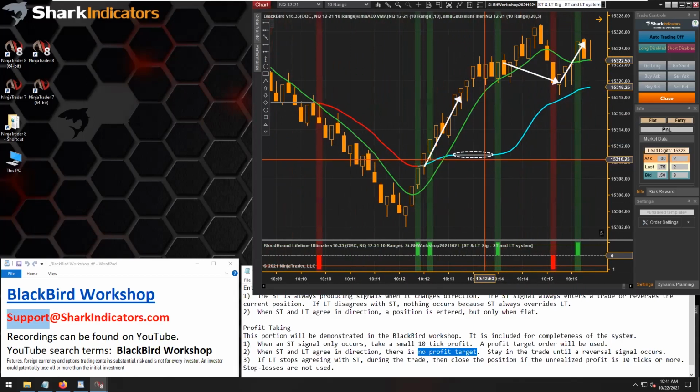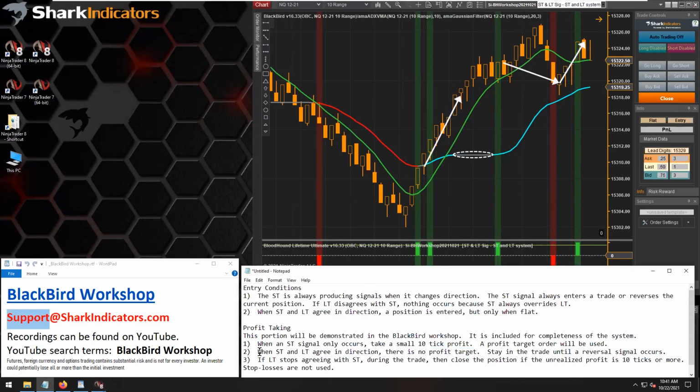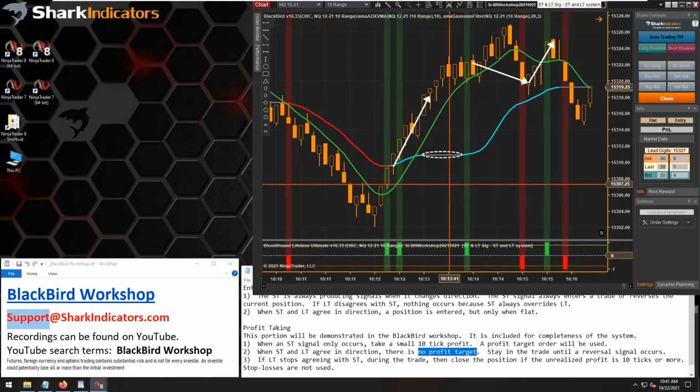But this area right here is a great example of the complexity of this system, when the system can go from a short-term signal only to a short-term and long-term signal together, and then you're changing your profit target conditions when that happens. So, all right, with that, let's start building.